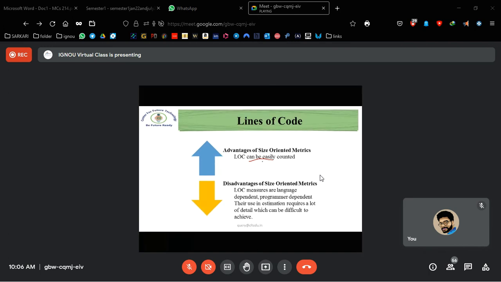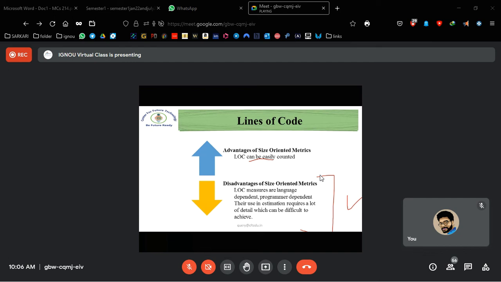So yes, the disadvantages of size-oriented metrics are again an important part from the examination point of view, so discuss a few disadvantages of size-oriented metrics also. These are: lines of code are language dependent basically.